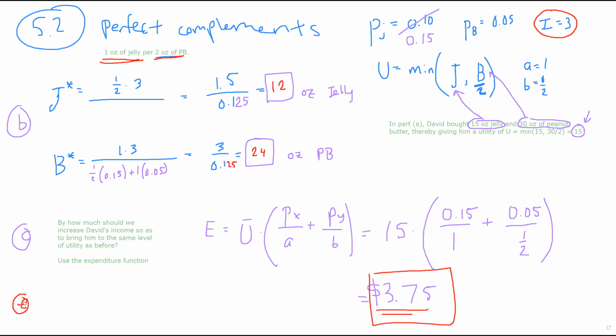Part E: in what sense does this problem involve only a single commodity, peanut butter and jelly sandwiches?